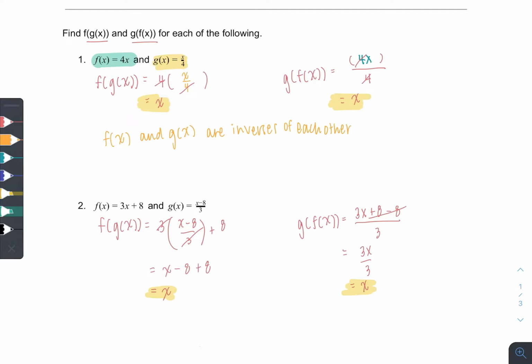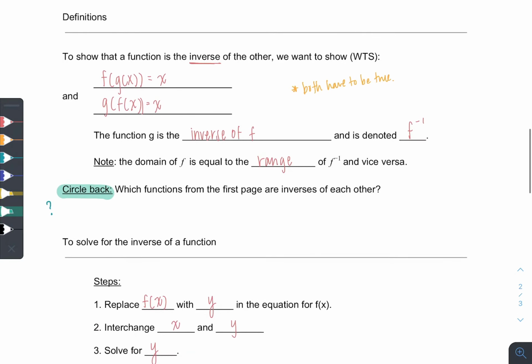Okay? And then you should have actually the same thing for number 2. So they're both inverses. So number 1 and number 2 are inverses of each other. We have inverses. All right.